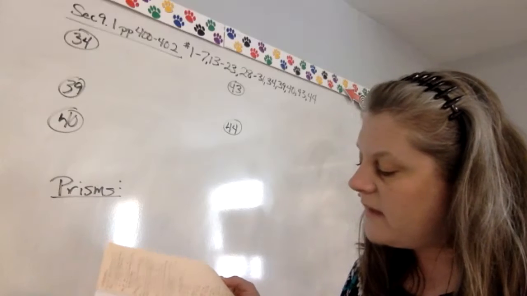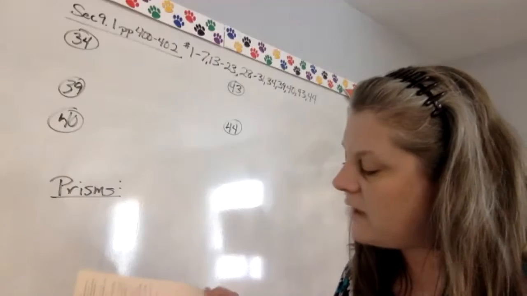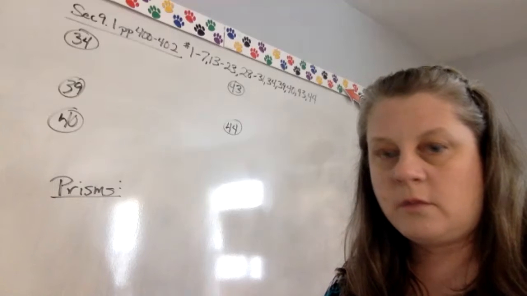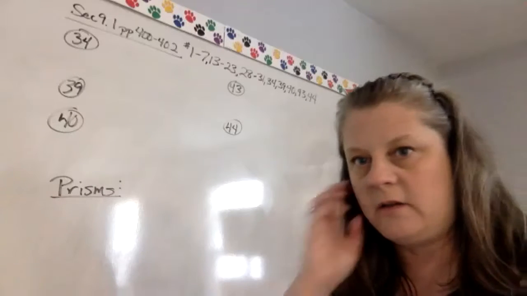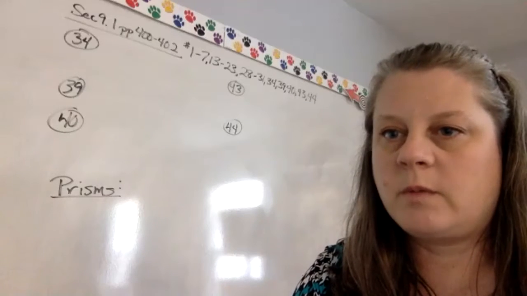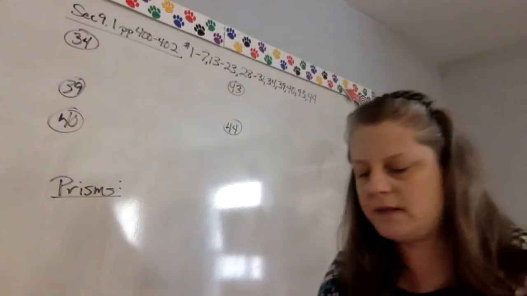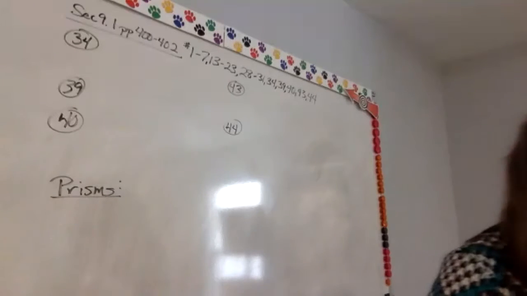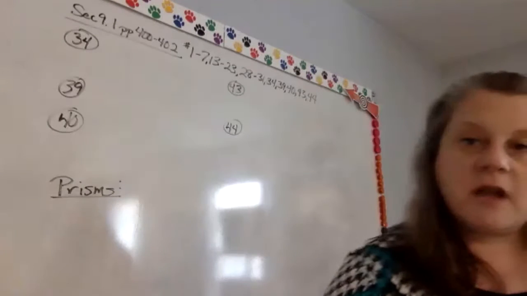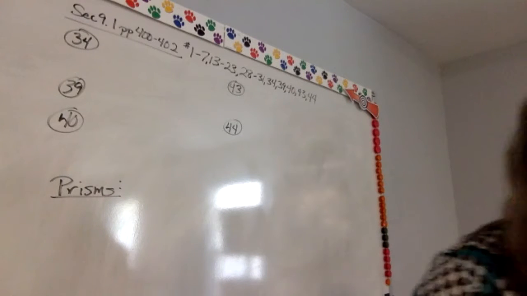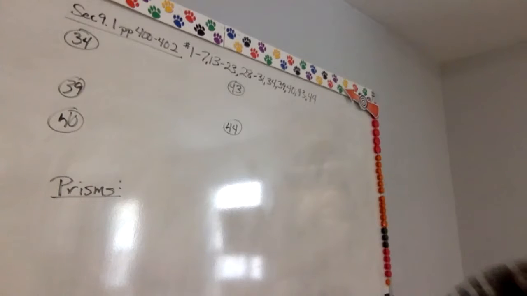So if it said it had 8 triangular faces, you took 8 times 3 because there's 3 sides in a triangle. We're going to do that same concept for number 34. It says there's 11 triangular faces. So that means we're going to take 11 times 3.